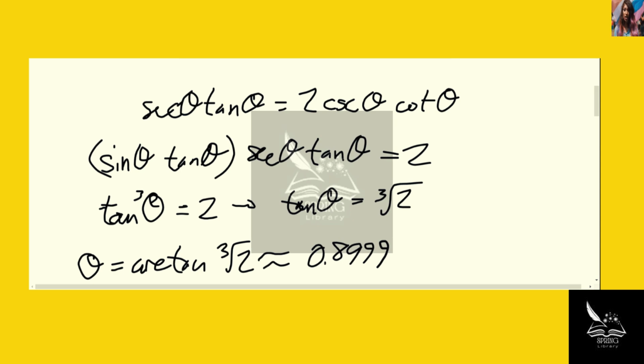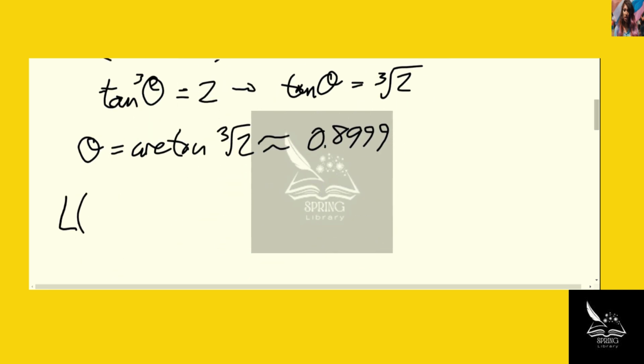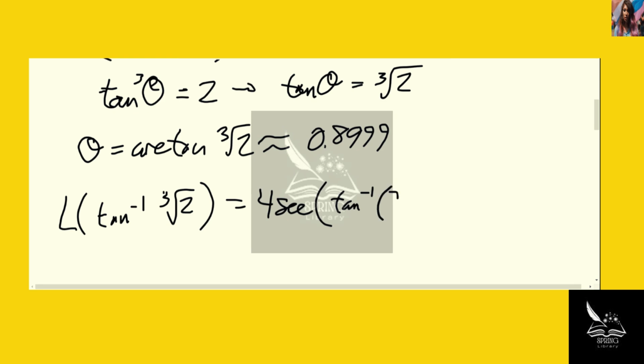Now we plug in theta. So we have that L of inverse tangent of the cube root of 2 is 4 times the secant of the inverse tangent of cube root of 2 plus 8 times the cosecant of the inverse tangent of cube root of 2.